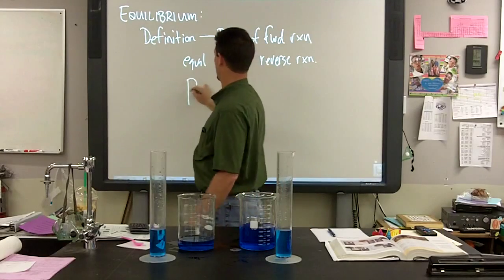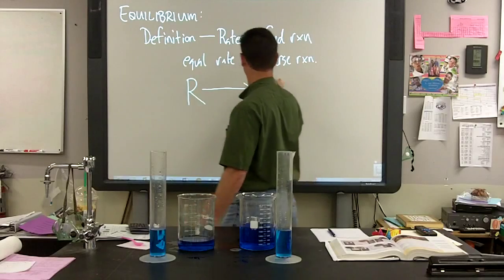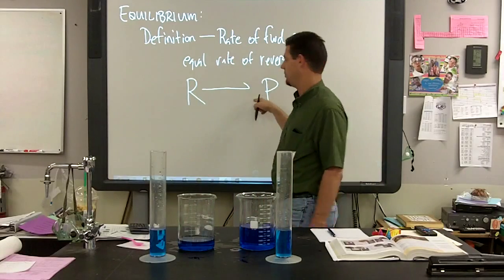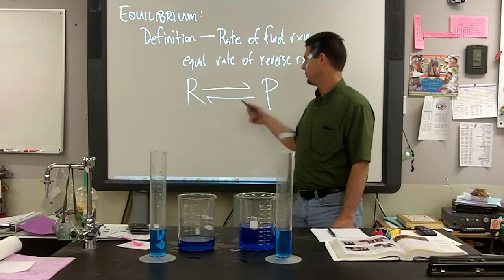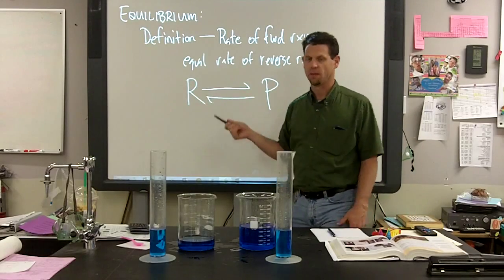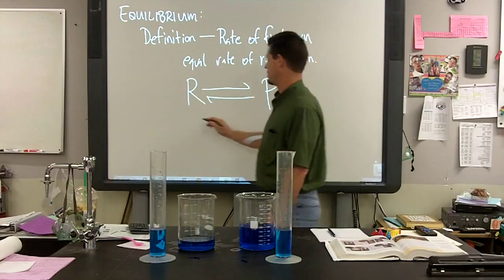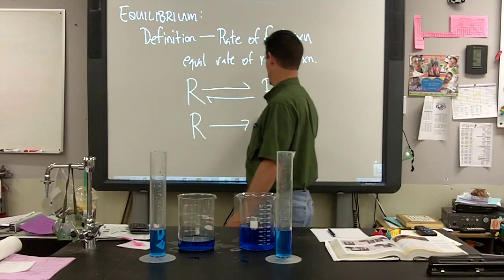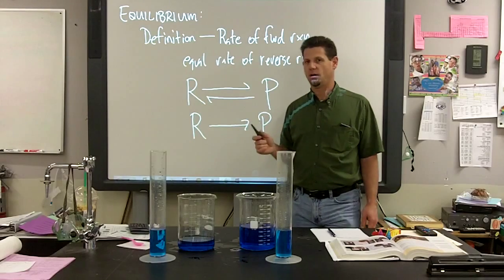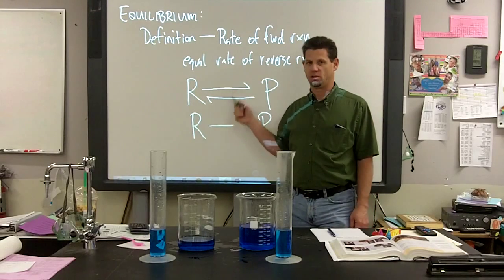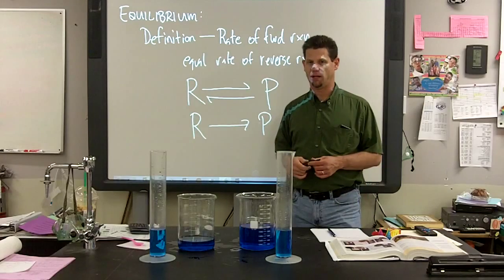What we would say here is our reactants are becoming products, but at the same time our products are becoming reactants. And we have this new symbol, two-sided arrows. Previously in chemistry, we had always talked about how a reaction proceeds to products, and we wrote a one-directional arrow. From here out, we are going to be using two-directional arrows to talk about an equilibrium reaction.